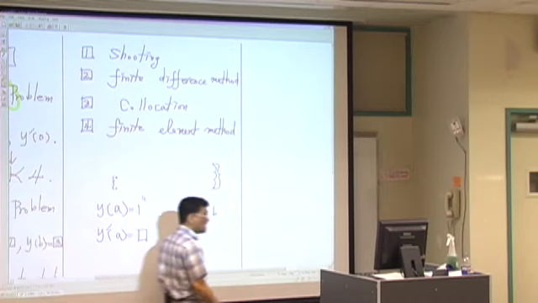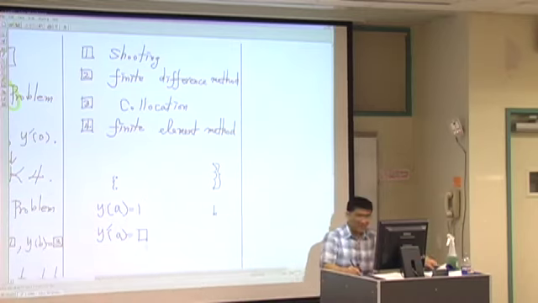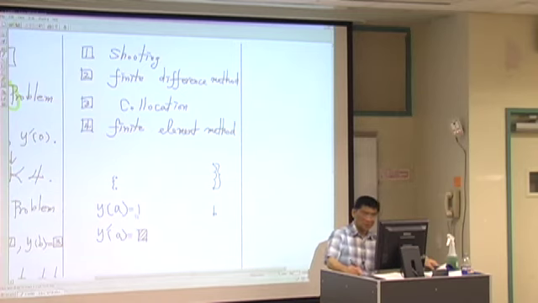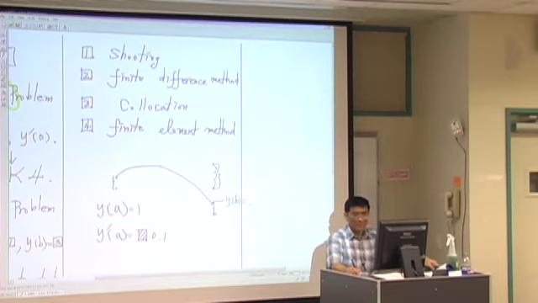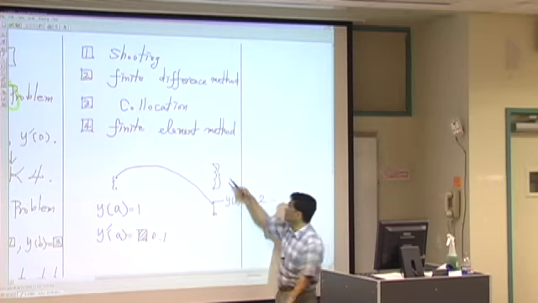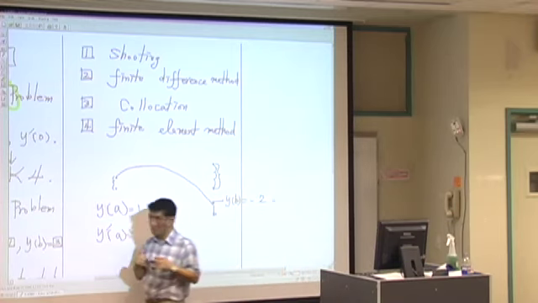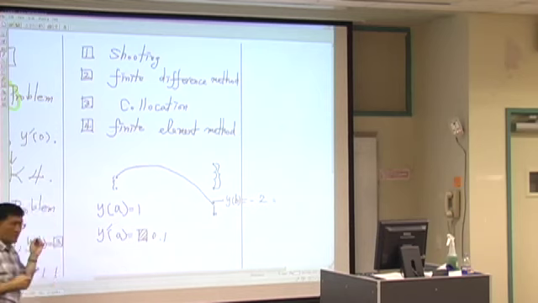In this case, we guess this stuff and say, oh, 0.1 is my first guess, and shoot. Then we solve this differential equation and arrive at this kind of result. In other words, if we solve under this condition, then y of b could be minus 2 instead of 3.